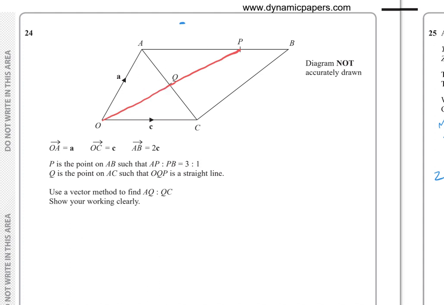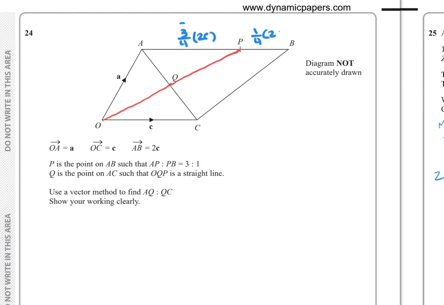So to find OB, first we have AB to BB 3 to 1. So 3 parts and 1 part. In all we have 4, so 3 over 4 and 1 over 4. And AB, the whole part, is 2c, so multiply by 2c.